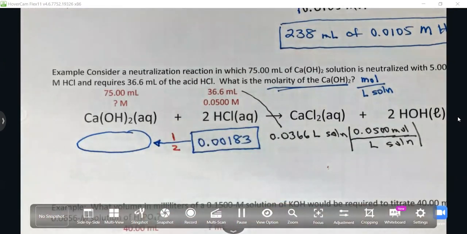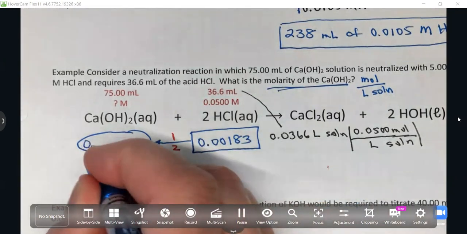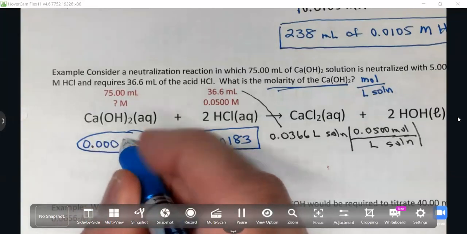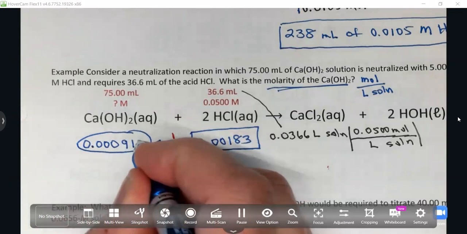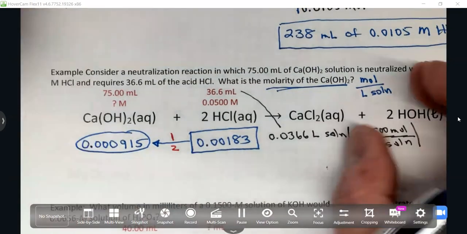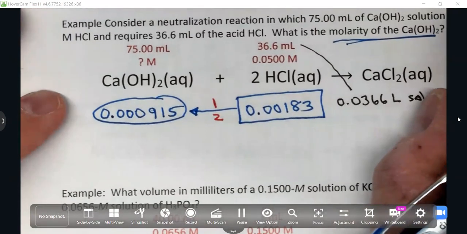So if we split that in half, we are going to get 0.000915. And we know that's in moles. And to get molarity, we need moles per liter.